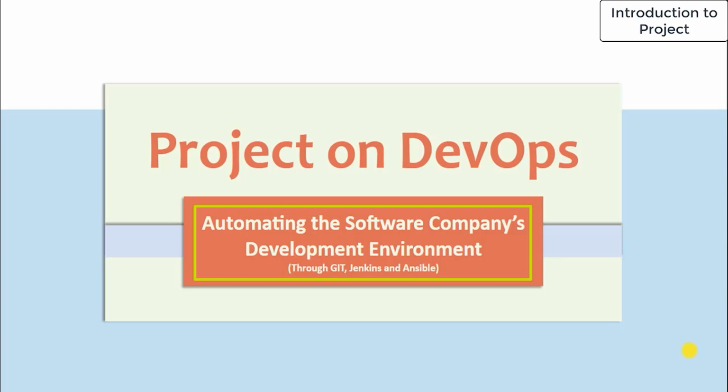In other words, DevOps is a combination of cultural philosophies, practices, and tools that increases an organization's ability to deliver applications and services at a very high velocity, evolving and improving products at a faster pace.